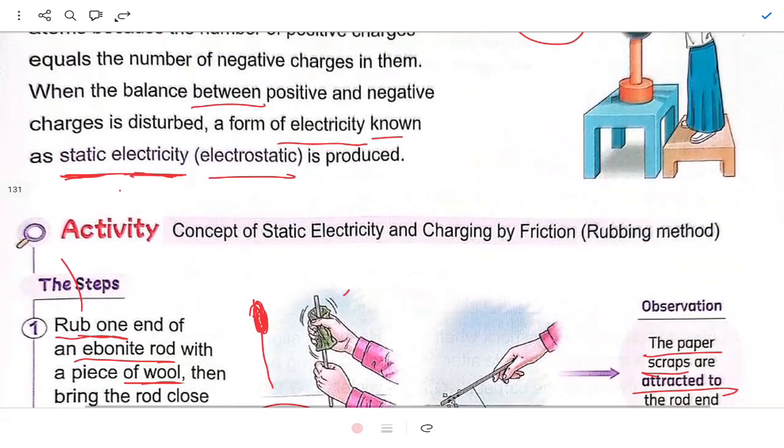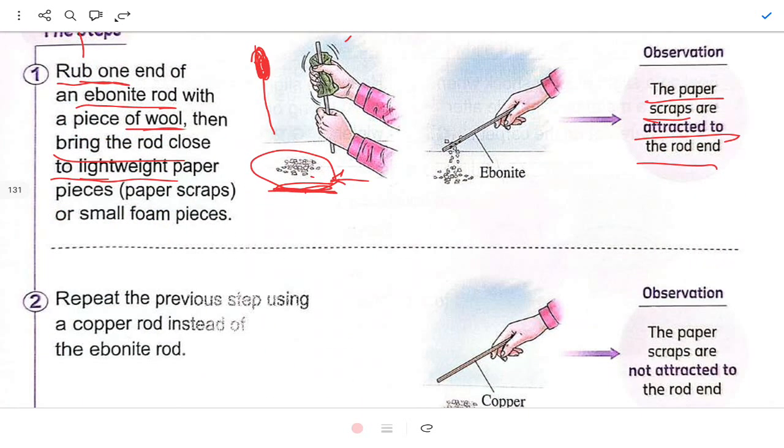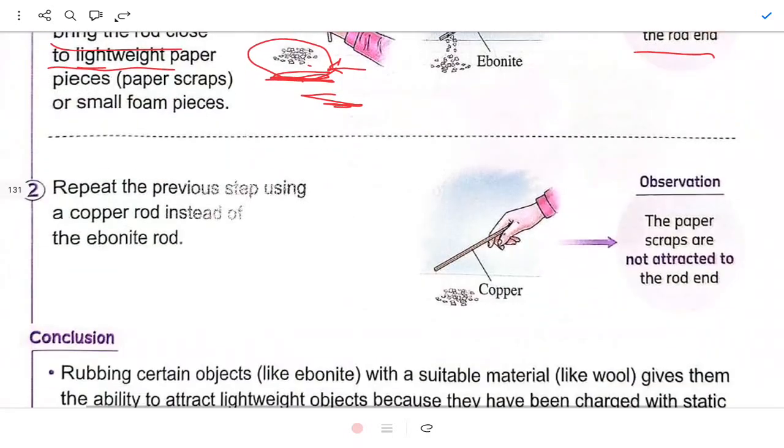So the first time, we rubbed one end of the ebonite rod with a piece of wool, then brought the rod close to the scraps. You will notice that there is an attraction between the rod and the scraps. But if you replace the ebonite rod with a copper rod, you will notice that there is no attraction between the rod and the scraps.